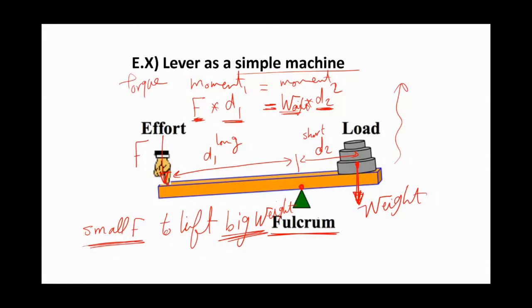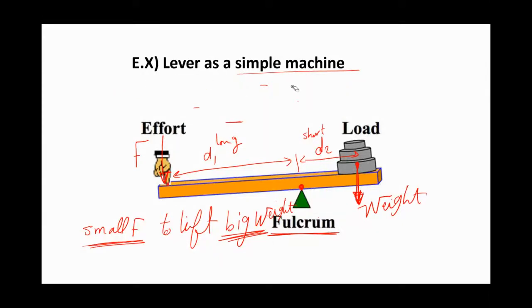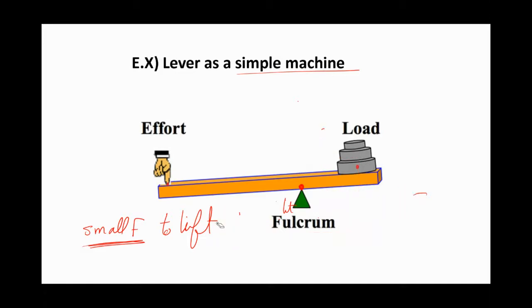So this is an advantage. This is a big advantage, that the machine can increase the force. But what about the work? Let's look at the work. You said the work cannot be increased. That's right.